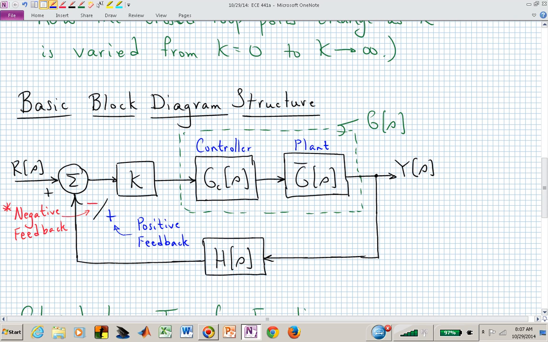I want you to just be aware of that. If you end up with a positive feedback system that produces some characteristic equation, and you're going, this doesn't look like the root locus I'm used to thinking about, well, that's because somebody's flipped the sign on you, and that's now modified these 6 rules that we are going to be developing based on negative feedback.